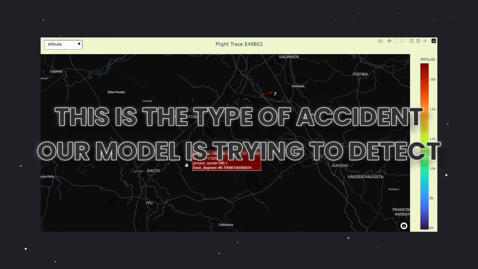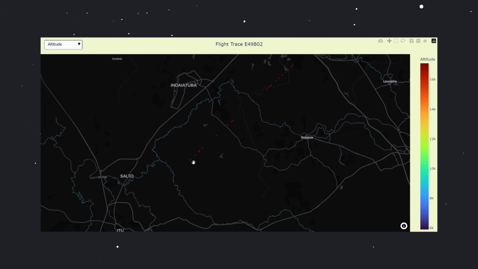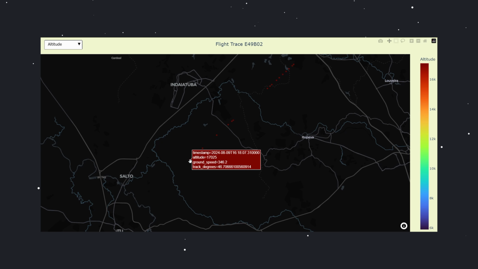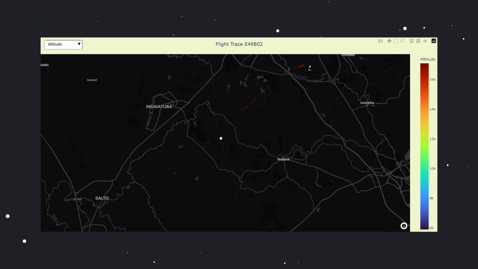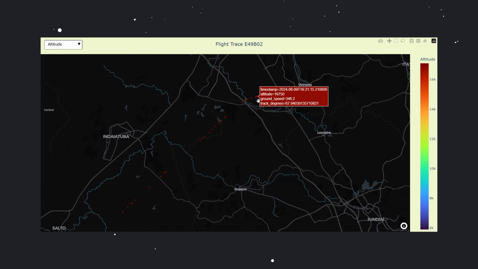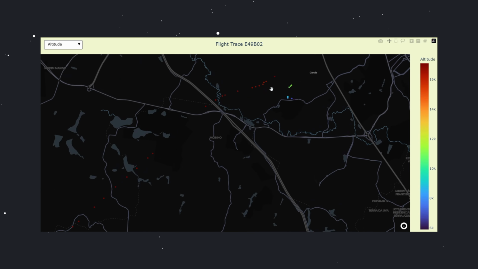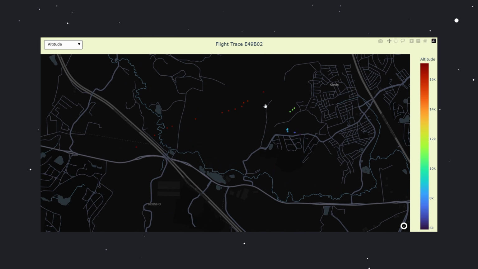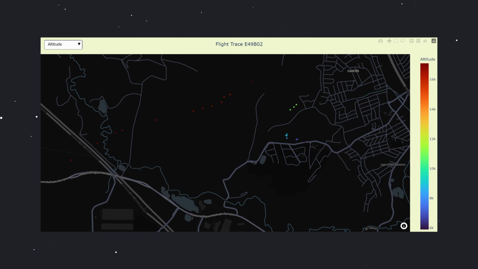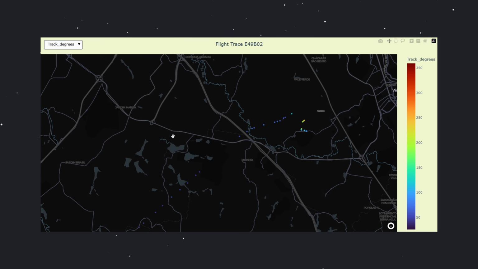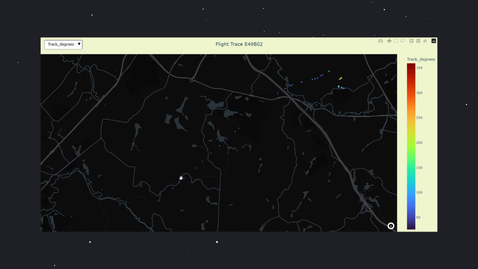Now let's see what this flight actually looked like in our data. We start with the altitude column. Altitude looks more or less constant until we reach the accident time. Here we see a change in the color of our values, meaning the altitude decreases abruptly. Let's look at another metric highlighted in the crash report, namely the track degrees.